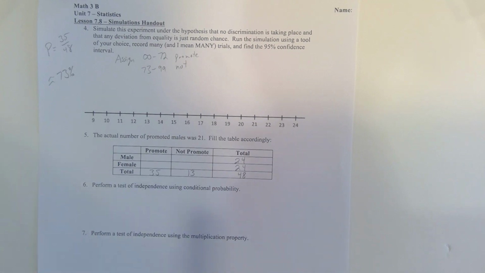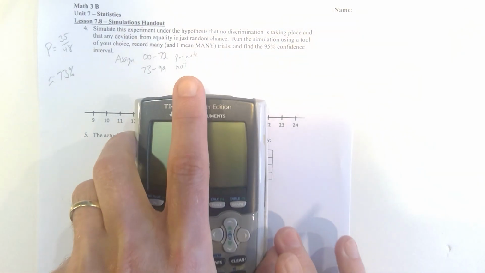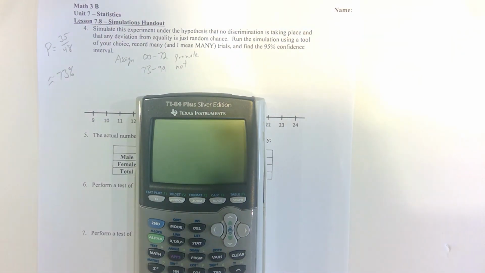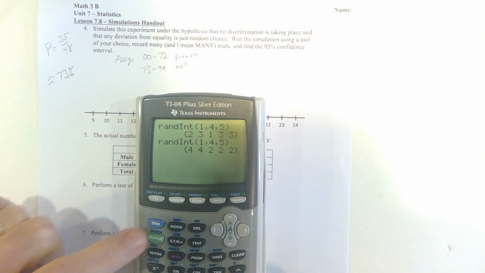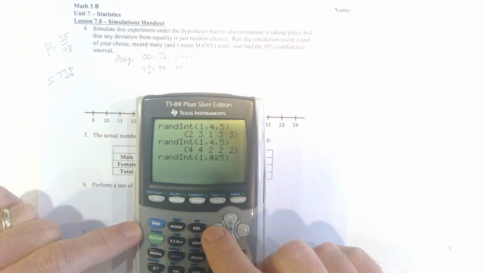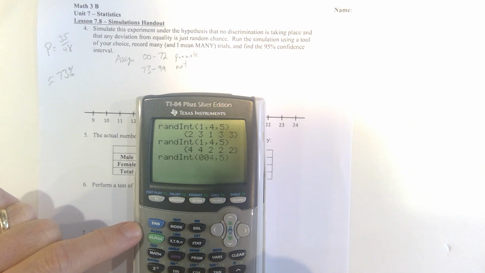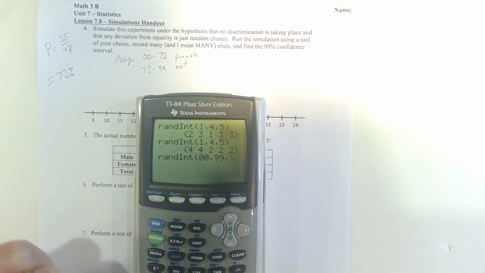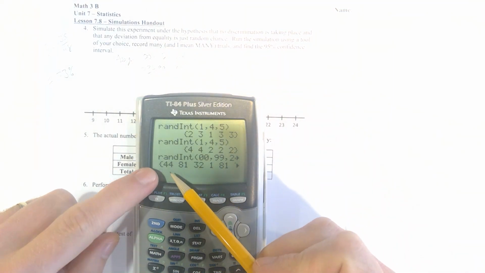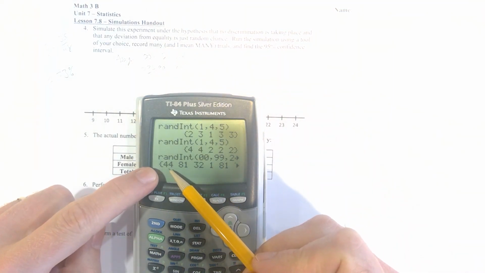Okay, so again, I would then pull out my calculator and I would say random integer, but this time I would start at 0 with the maximum of 99, and I need 24 such numbers. Then I would scroll through, and any number 72 or less, I would say the male was promoted.